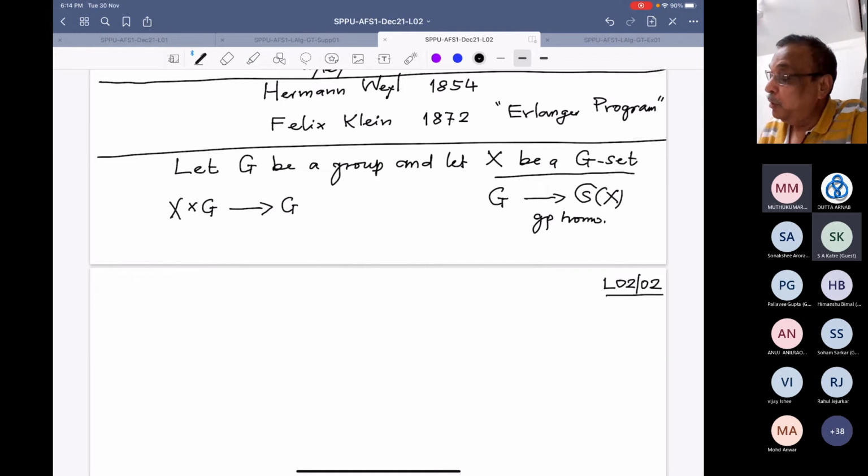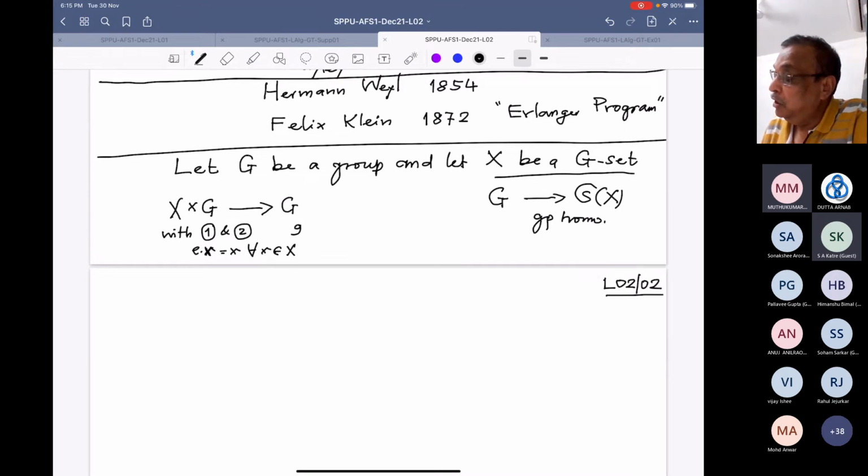But here, for an operation map, you have to say 1 and 2 are satisfied. That is, 1 is e times x is x, small x, for every x, and 2 is compatibility.